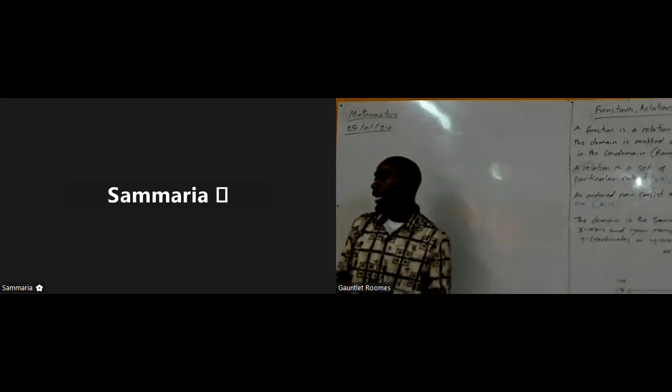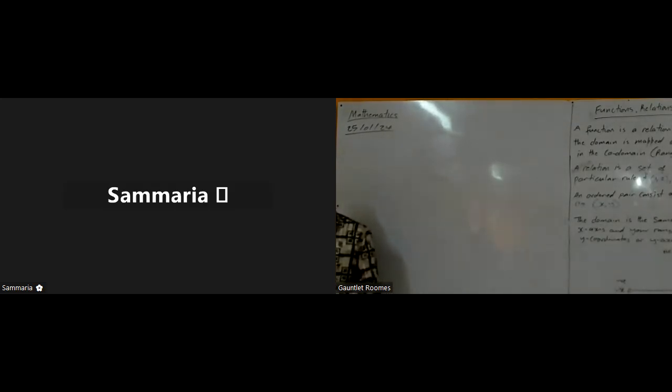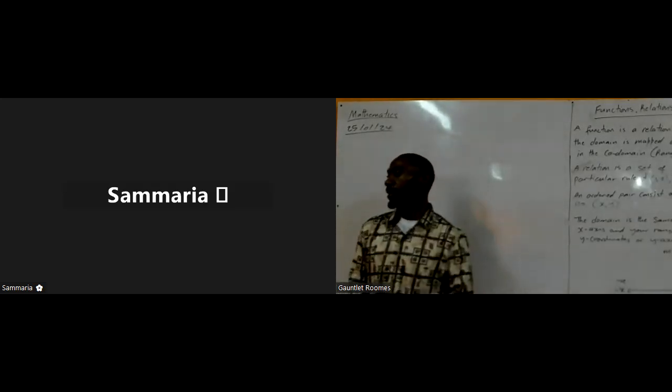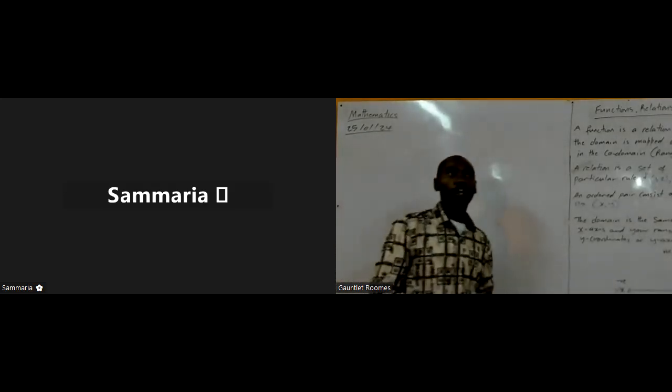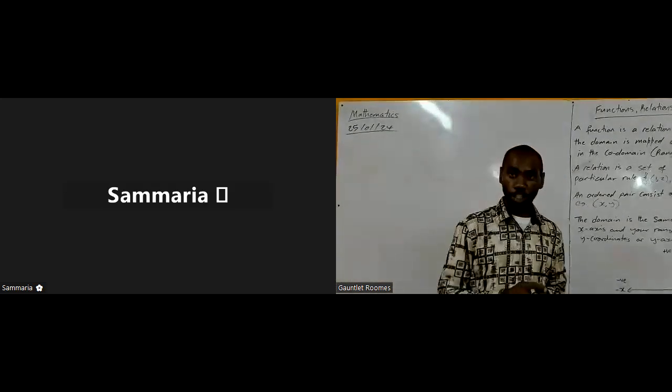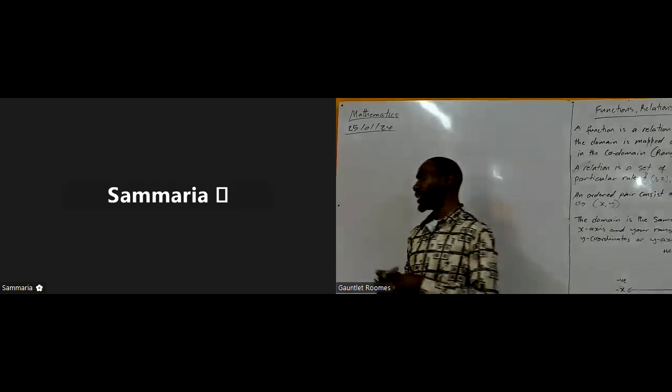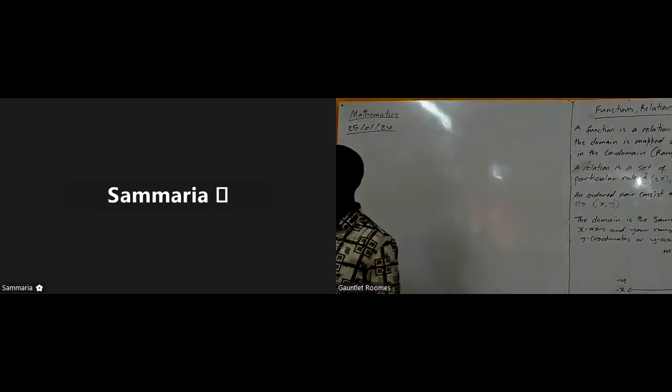Now we are going to look at some relation diagrams. First, in fact, there are 4 relations as it relates to functions. And not all relations are functions, but we can say that all functions are relations.